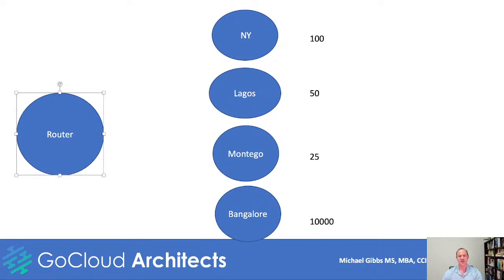Now, let's say that we've got WAN links going from here to here. Okay, and now let's say this is the main data center. We're not doing .1q tagging or trunking here.